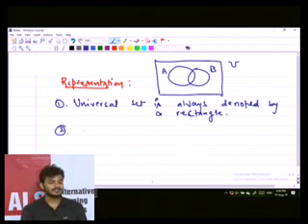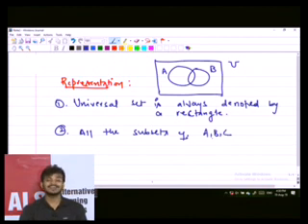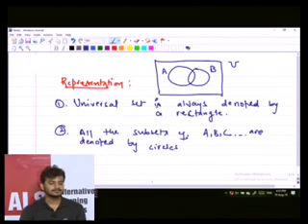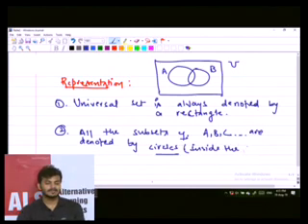Second, all the subsets, that is A, B, C, capitals, you should remember that A, B, C will be capital, are denoted by circles inside the universal set, or inside the rectangle.